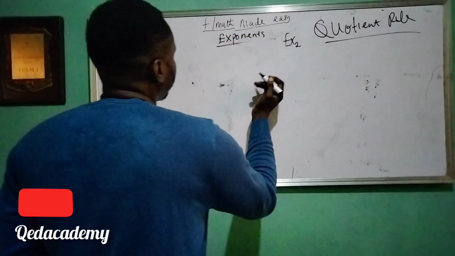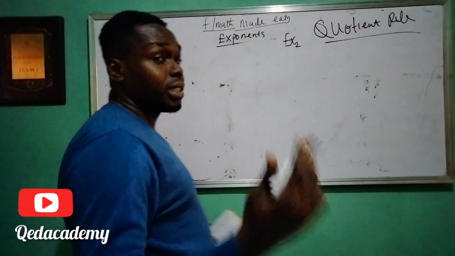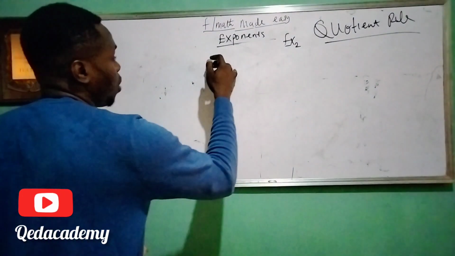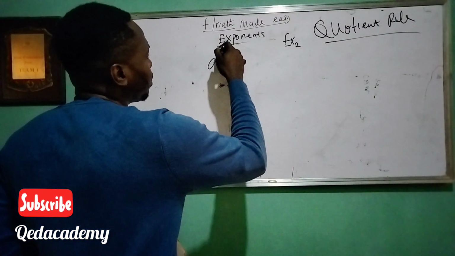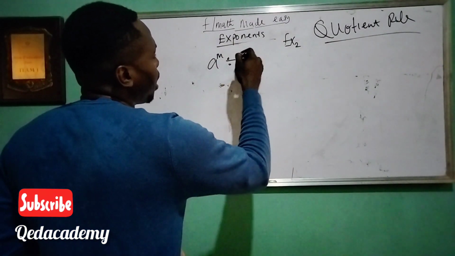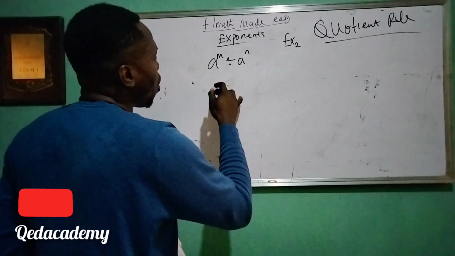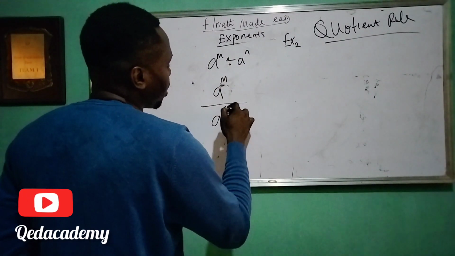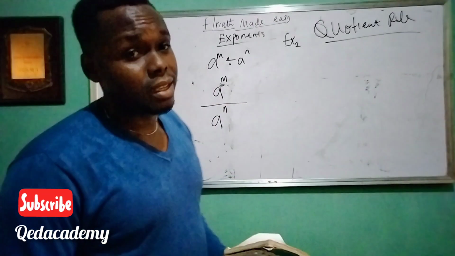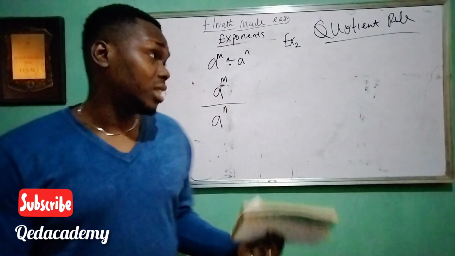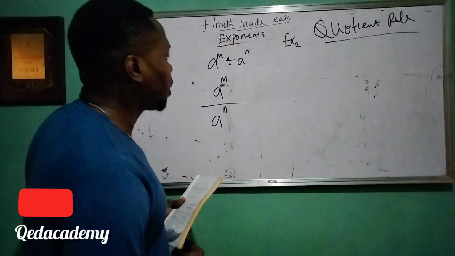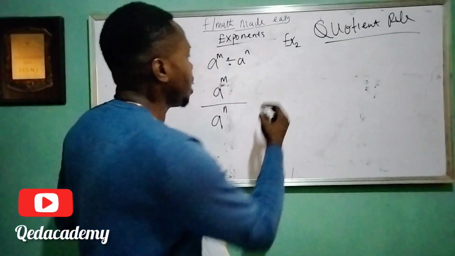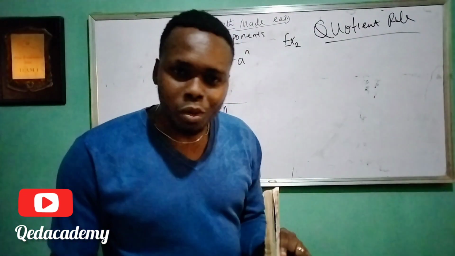Let me just write the general expression so that we can follow along. We have a raised to the power m divided by a raised to the power n, or a to the m over a to the n. Whichever way the question is presented, they are still the same. Let's assume a is 2, right?